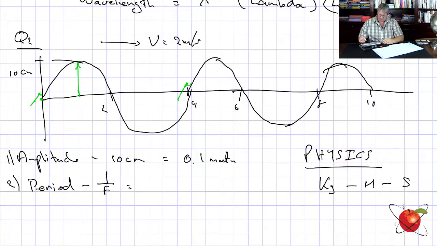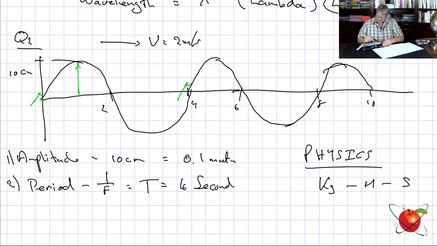As it moves, it goes up, up, up, then down, down, down, all the way down and then back up. For those of you who enjoy the sea, that's what happens when a swell is going past you: you go up to the top and all the way down to the bottom. So the period is equal to 4 seconds. T equals 4 seconds.